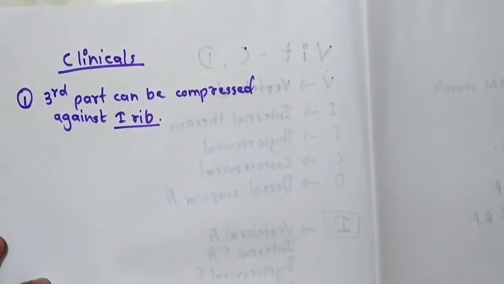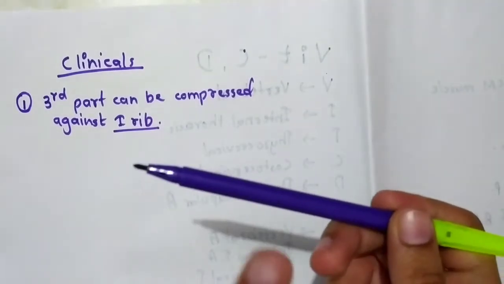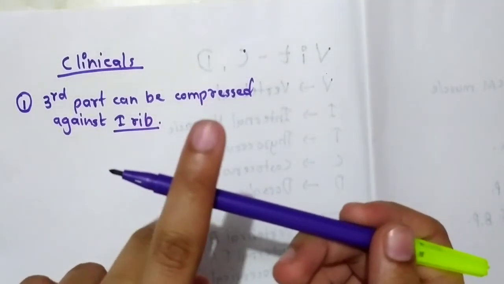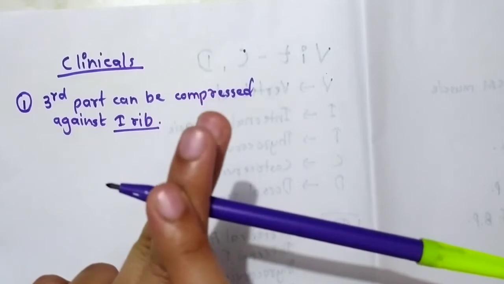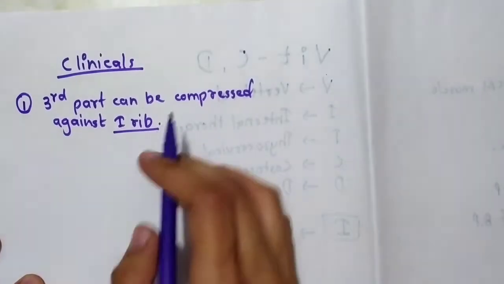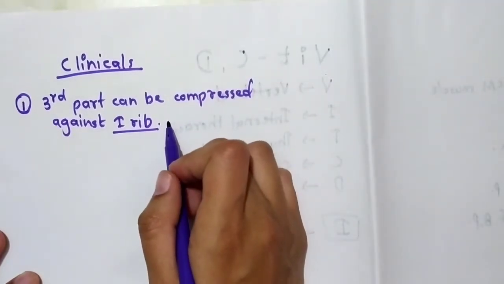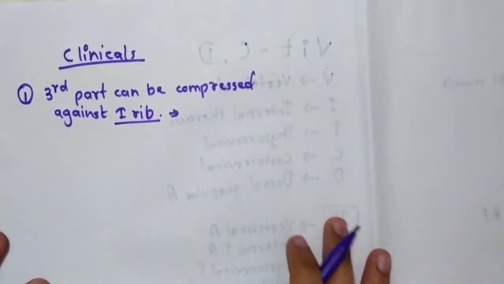So like this is the rib and this is the third part. If some structure is over it, it will get compressed, so it is liable to get injured at this part.